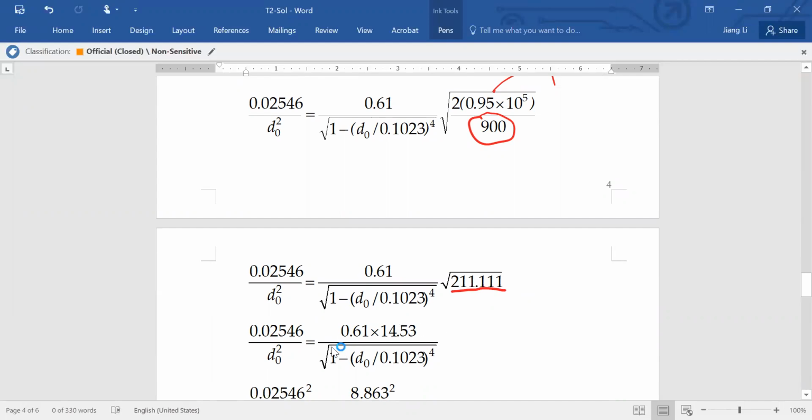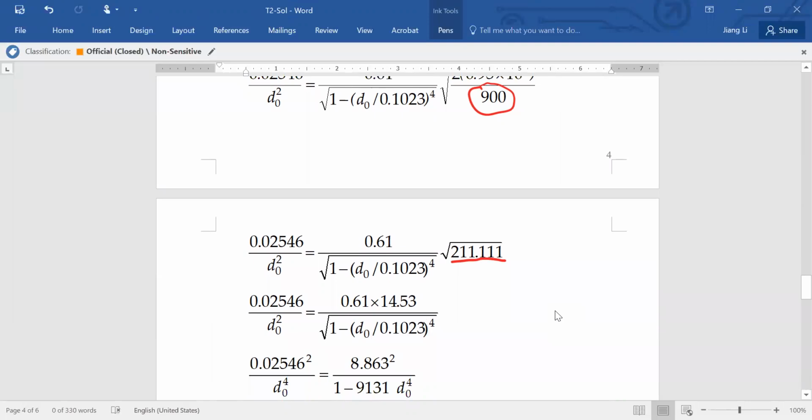The next step, I want to remove this square root. How to remove? We have to take a square for both sides, right?